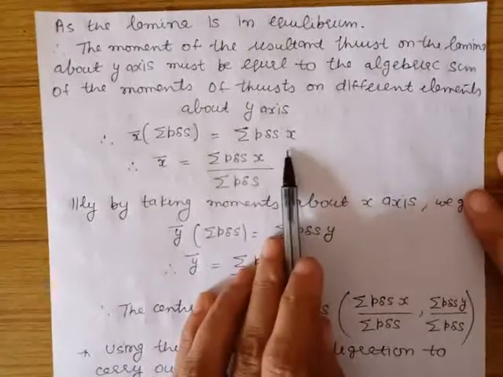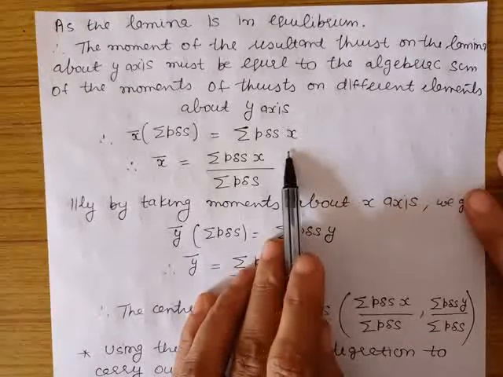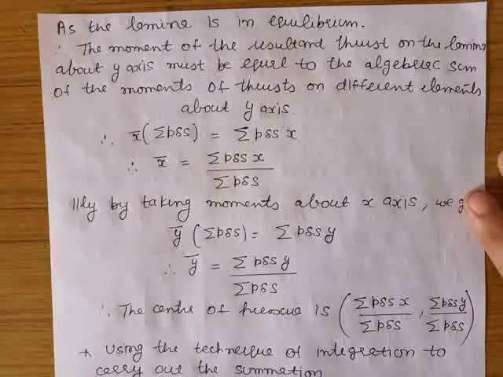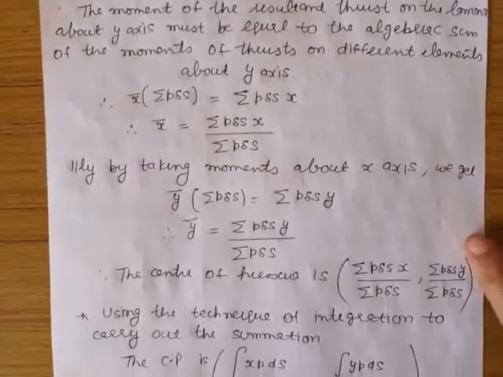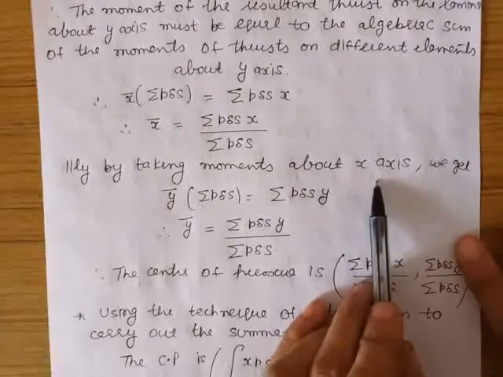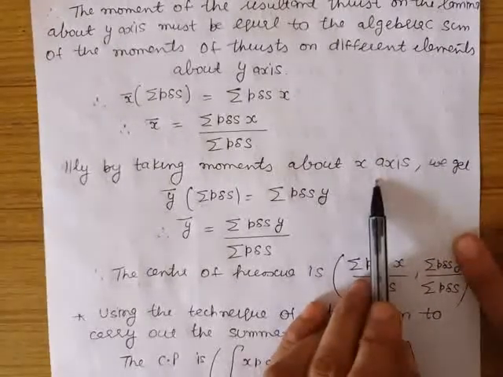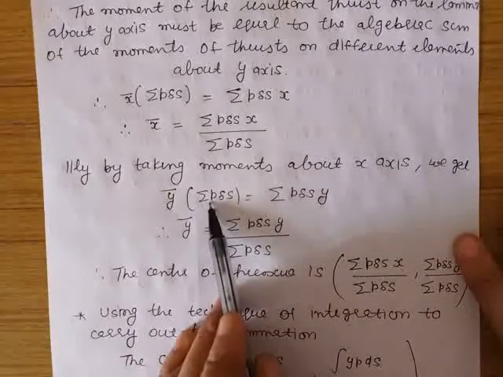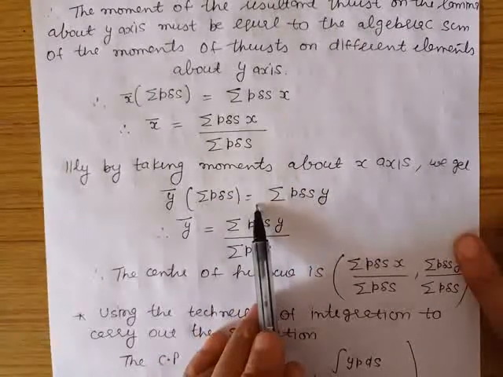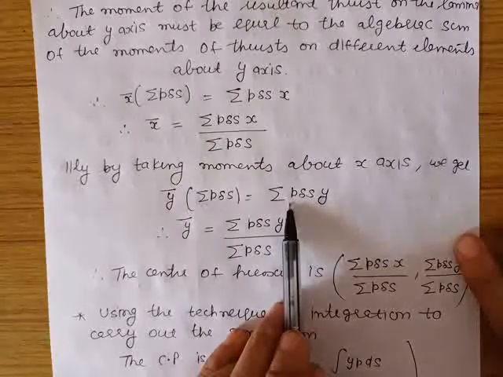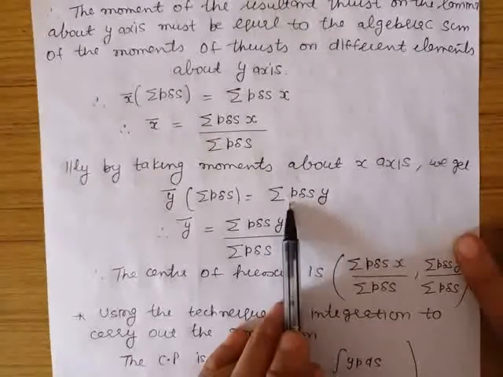Here we had taken moments about the y-axis. Similarly, to find the y coordinate of center of pressure, we can take moments about the x-axis. So if we take moments about the x-axis, then the moment of resultant thrust on the lamina about the x-axis will be equal to the algebraic sum of moments of the thrust on the different elements about the x-axis.